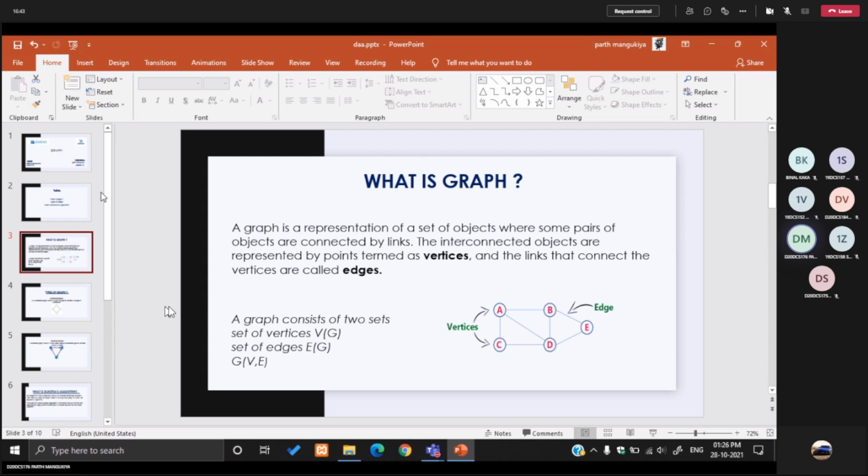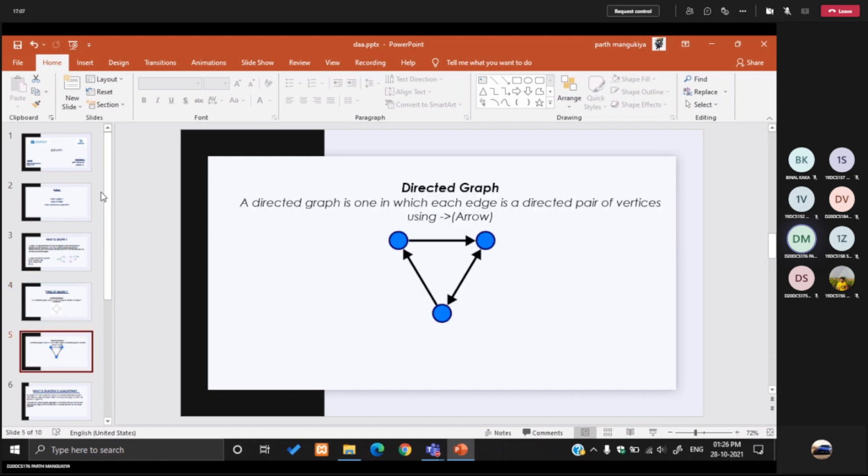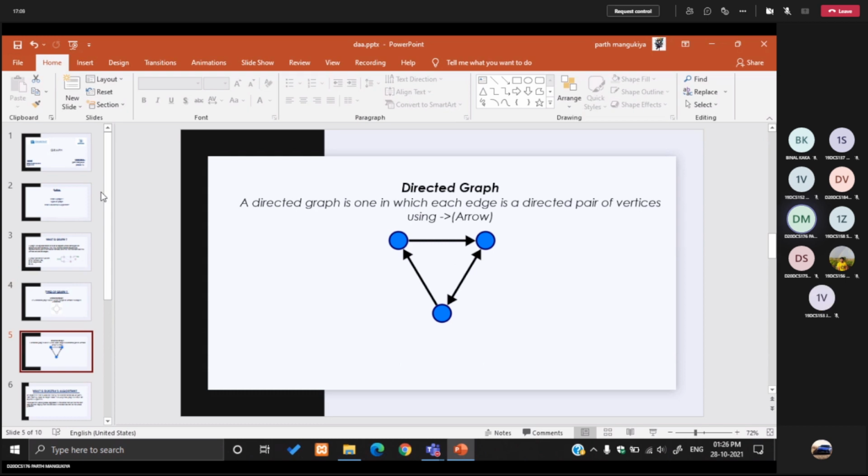A graph contains two sets, the set of vertices and the set of edges. There are two types of graphs. One is an undirected graph, and the second is a directed graph. In an undirected graph the pair of vertices in an edge is unordered, and a directed graph is one in which each edge is a directed pair of vertices, shown using an arrow.